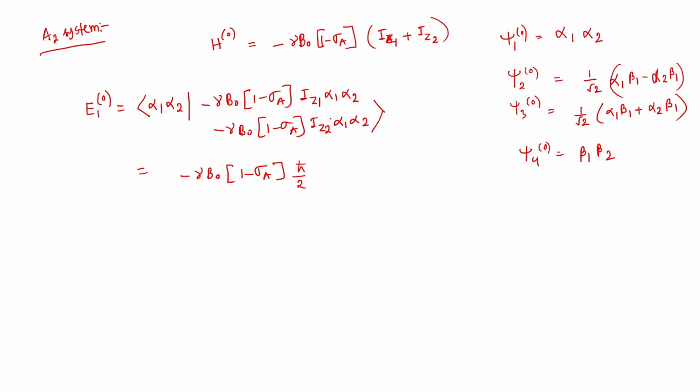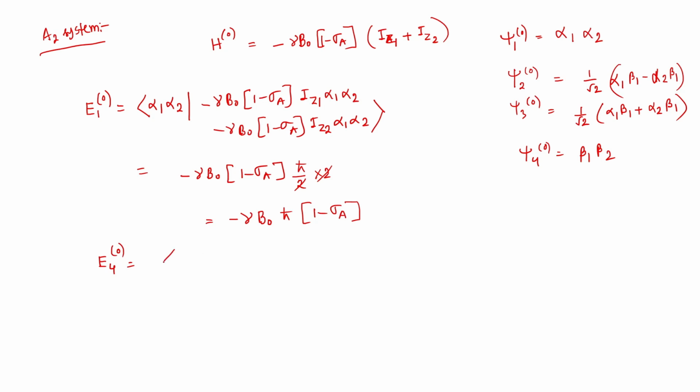Here I am going to get h cross by 2, here also I am going to get it, so I multiply it by 2. By sum I get h cross by 2 into 2, and alpha 1 alpha 2 are normalizable, so I will get something there, gamma B naught h cross (1 minus sigma A).